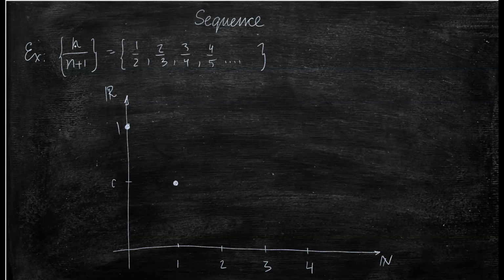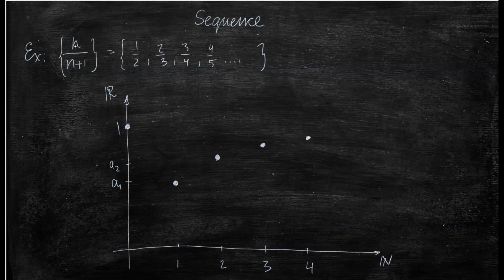This is where we label the value. At 2 we have 2/3, which would be somewhere here. And at 3, 3/4, it's going to look more like this. At 4 we are at 4/5, and so on.